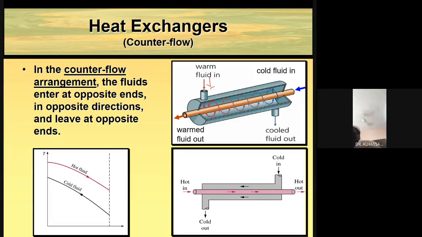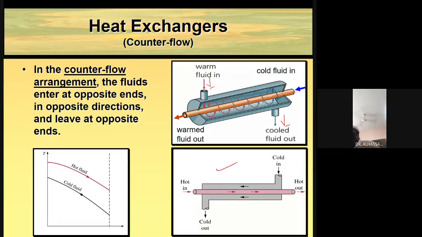The important thing is that the warm fluid exits on this side. It goes round the heat exchanger and then comes down in this way, whereas the cold fluid goes through the tube, its temperature increases gradually, and then it exits the tube.